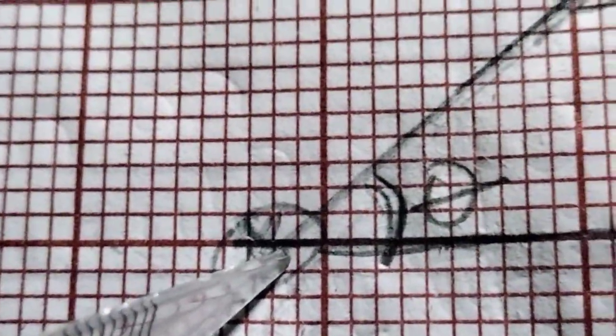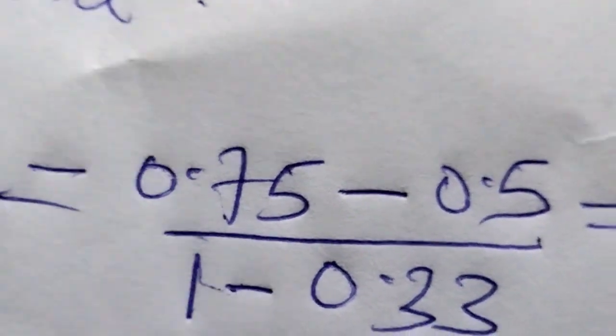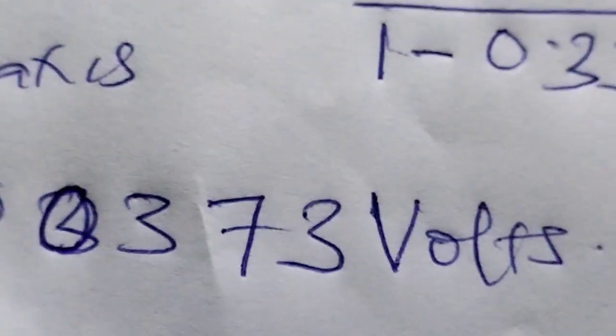That is the intercept on the horizontal axis. Then moving up again, we'll trace from this point down to get the coordinate. We're going to get around 0.33. So that is what we had: 0.75 minus 0.5 all over 1 minus 0.33, and then we got our slope as 0.00373 volts as the slope of the graph.